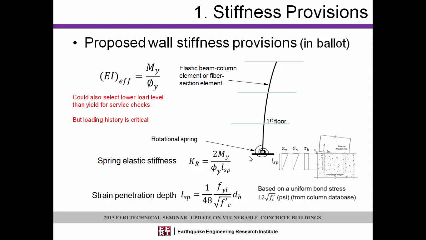And so if you're looking at service level stiffness, if you know that your building has never cracked before, then you want to have the higher stiffness. If you know it's cracked before, you want to follow that. One way to do this is to actually bracket your solution, to go low and high. One will give you higher forces, one will give you higher deformations, because you do not know what the history is and where the stiffness actually is of your building. So that's the proposal here.